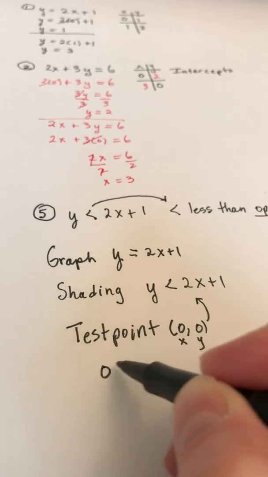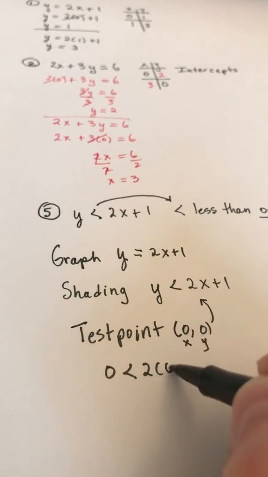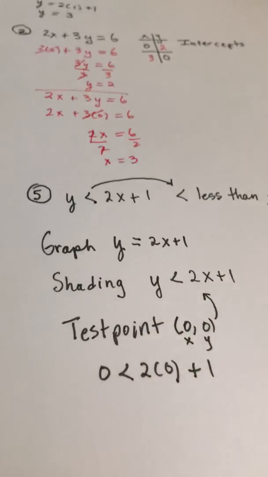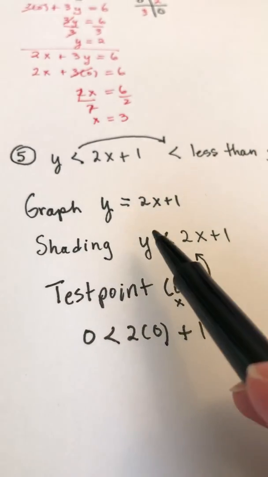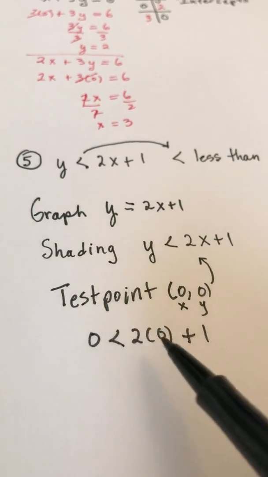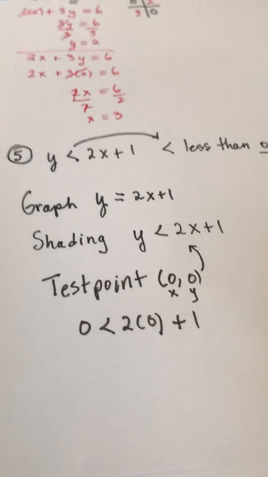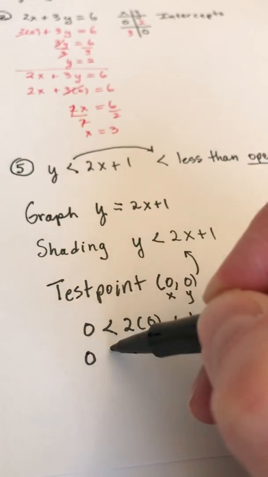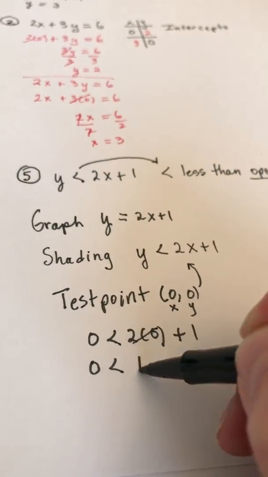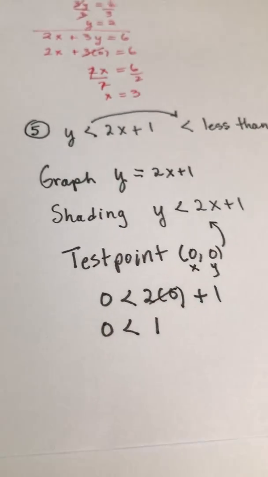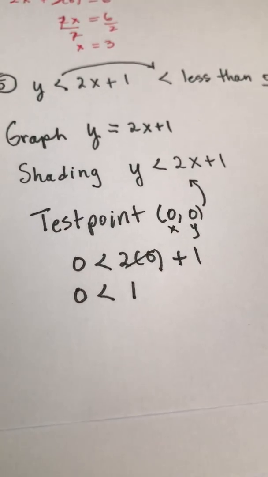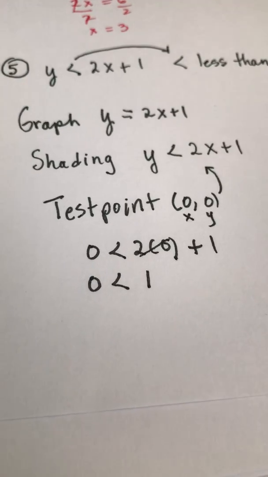So it's going to be 0 is less than 2 times 0 plus 1. Did you see how I plugged the 0, 0 into the x and y positions here? Now I just simplify: on the right-hand side I have 1, and on the left-hand side I have 0.